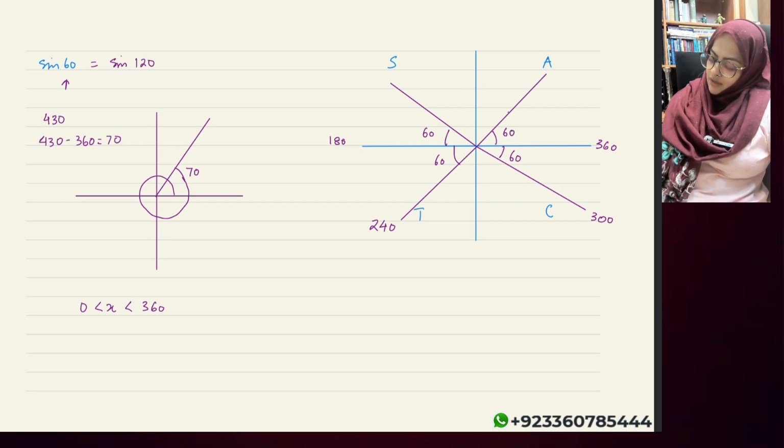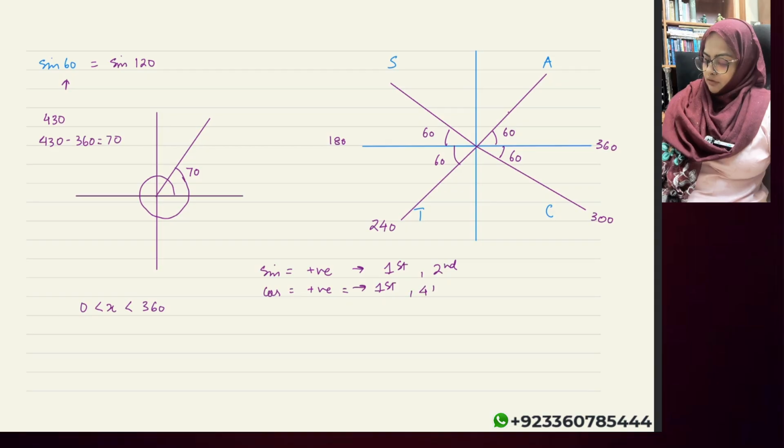For example, if they say sine is positive, this is going to either lie in the first quadrant or the second quadrant. If they say that cos is positive, then it's going to lie in the first quadrant and in the fourth quadrant. If they say tan is positive, it will lie either in the first quadrant or in the third quadrant.